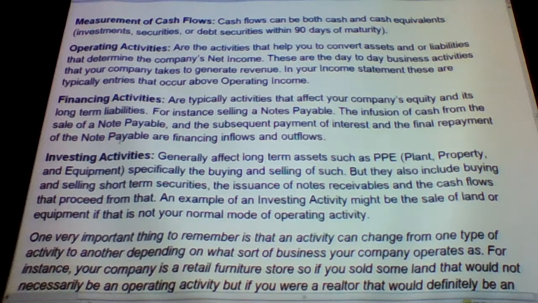Investing activities generally affect long-term assets such as plant, property, and equipment, or PPE, specifically the buying and selling of such, but they also include buying and selling short-term securities, the issuance of notes receivable, and the cash flows that proceed from that. An example of an investing activity might be the sale of land or equipment if that is not your normal mode of operating activity.